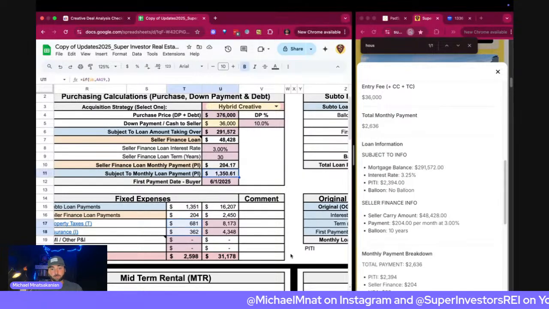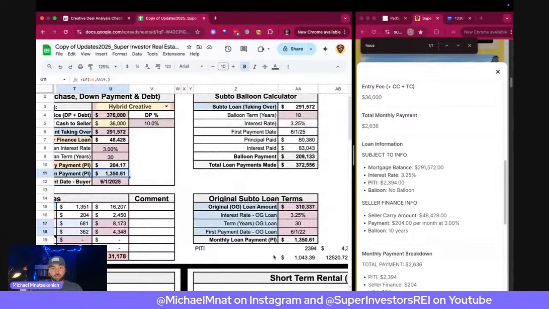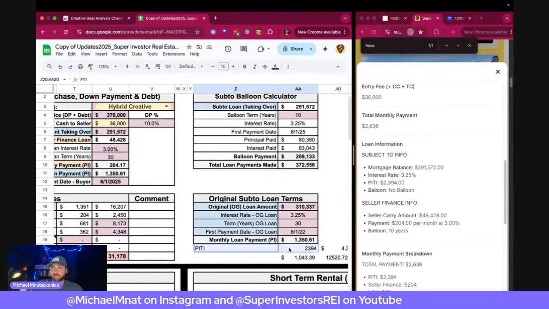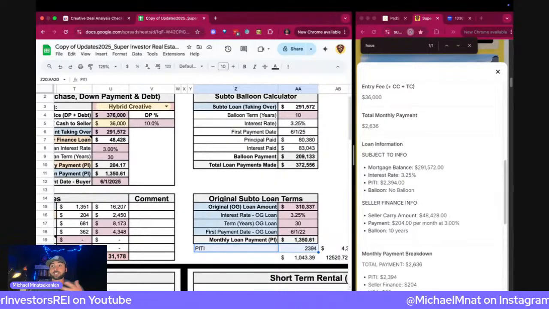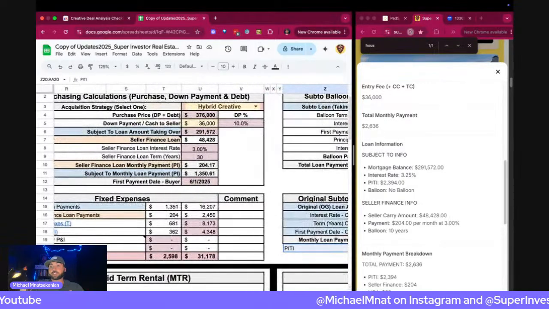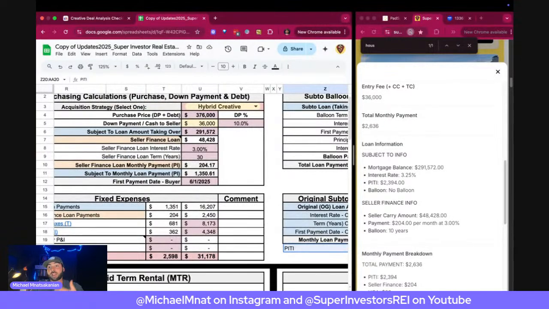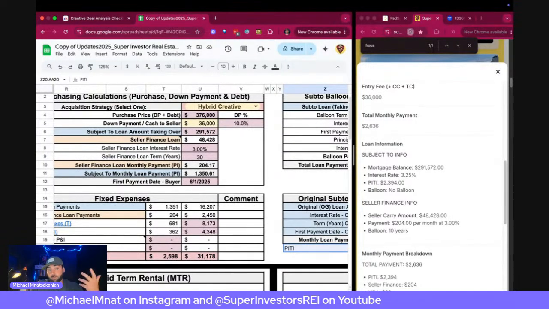Look, when I click those values, it's 2394. No surprise, that's what our PITI here was. So all we did was we just backed into that amount, right? And usually you have a pretty good idea of what the taxes are because that's publicly available information. Whereas insurance, you're estimating until you get their policy and understand maybe if you're doing a different strategy, you're going to need an even higher policy.